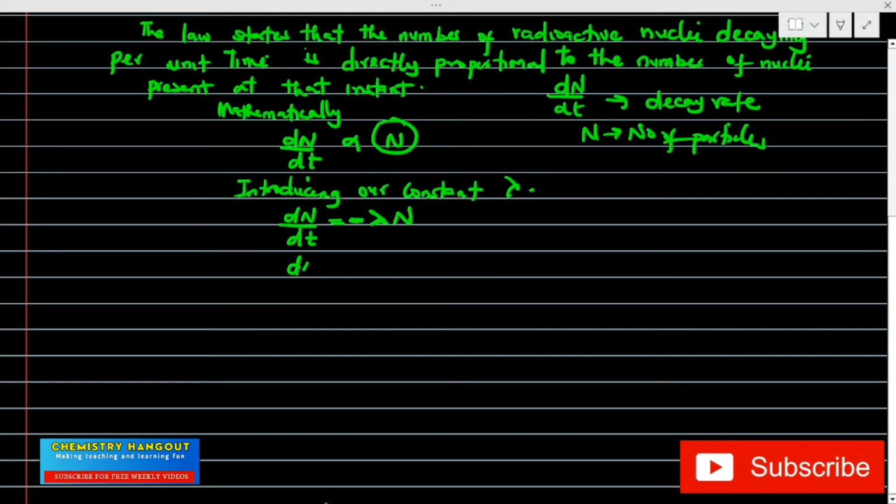So I can have dN over N is equal to minus lambda dt. Can you see that? It's just like I'm making it the subject of the formula and I want minus lambda dt to be here. So at the end of the day, I have dN over N is equal to minus lambda dt.